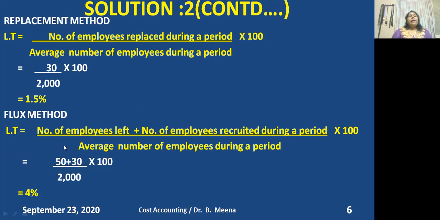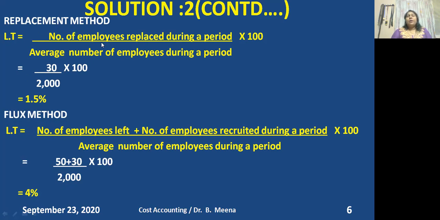Okay. And next methodology is flux method. So how to work out the labor turnover, number of employees left plus number of employees recruited. Both I will consider into 100 divided by average. So how many of them left? 50. How many of them recruited? 30 divided by 2000, that gives 4%. So whenever the problem is asking you to calculate the labor turnover, you need to work flux method and the replacement method.